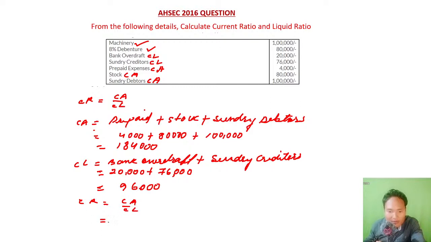Now put the values. Current assets 184,000, and after that 96,000. Remove those zeros, so you will get 184 by 96.